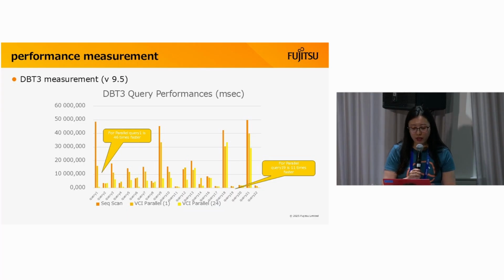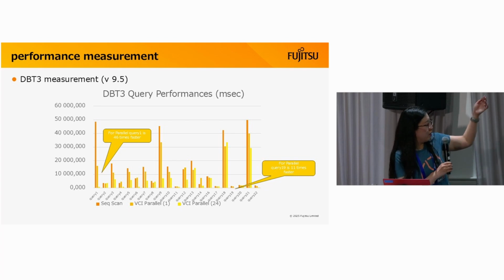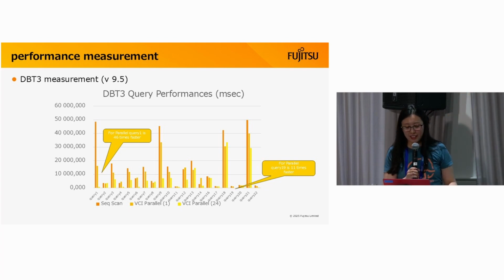For query 1, on the left side, 24 multiplex VCI scans are about 46 times better than OSS sequential scans, and query 19 was about 11 times faster than multiplicity of 24.